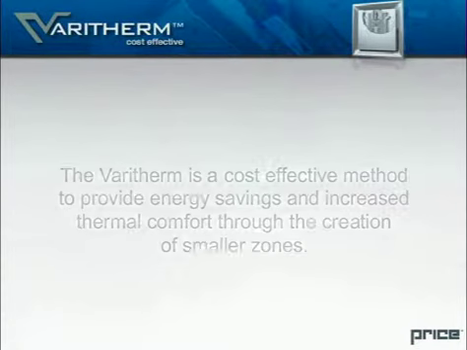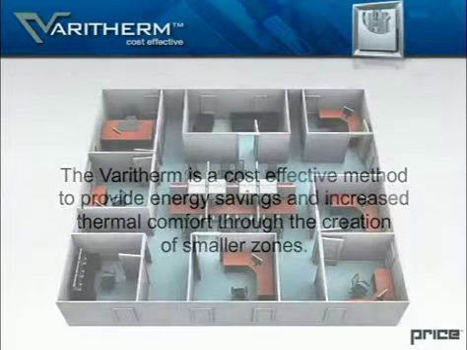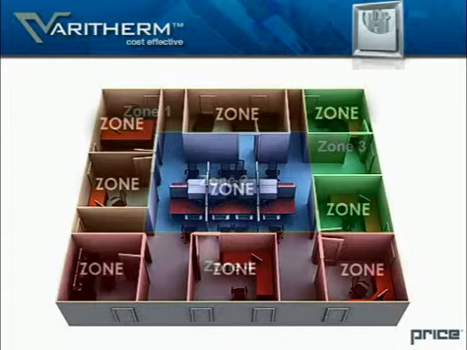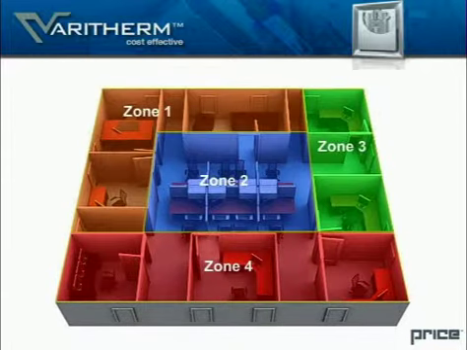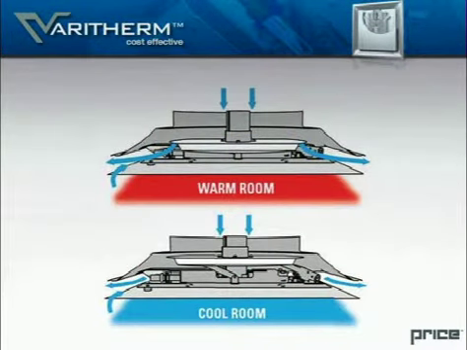Cost-effective. The Varitherm is a cost-effective method to provide energy savings and increased thermal comfort through the creation of smaller zones. Traditional zoning strategies can fail to satisfy several occupants in a zone that supplies several offices. The Varitherm excels at delivering individual comfort by providing only the amount of warm or cool air to satisfy the local environment.